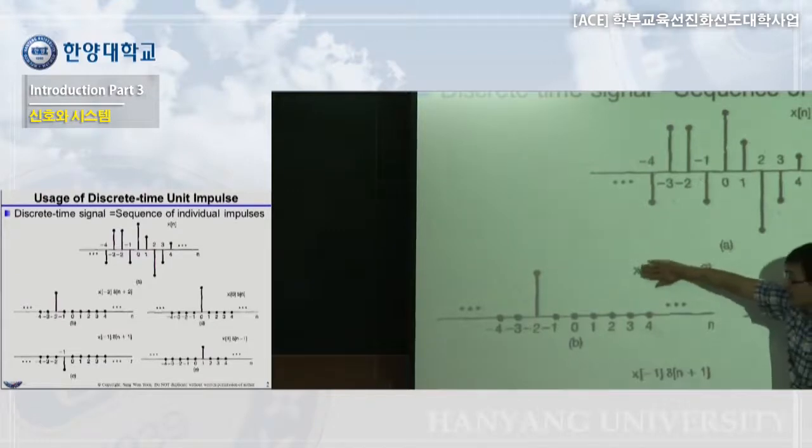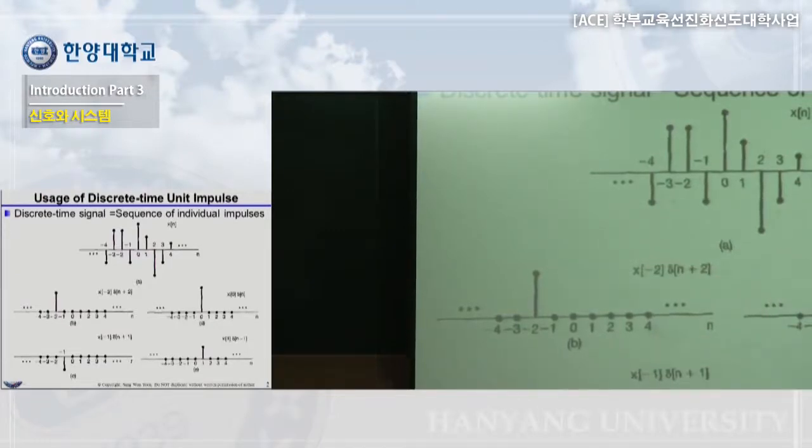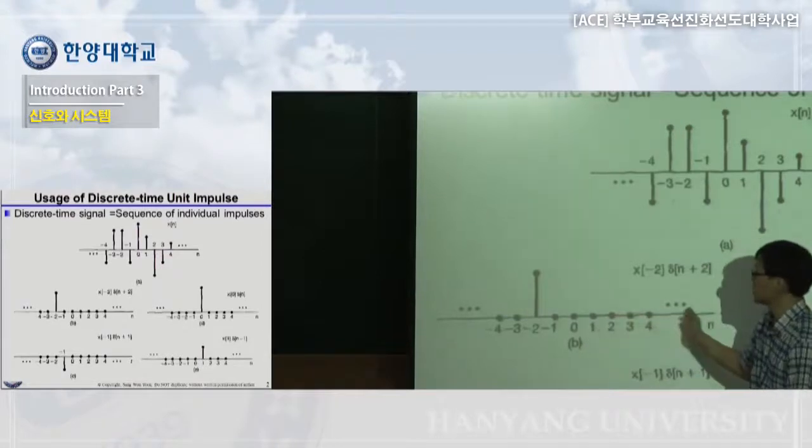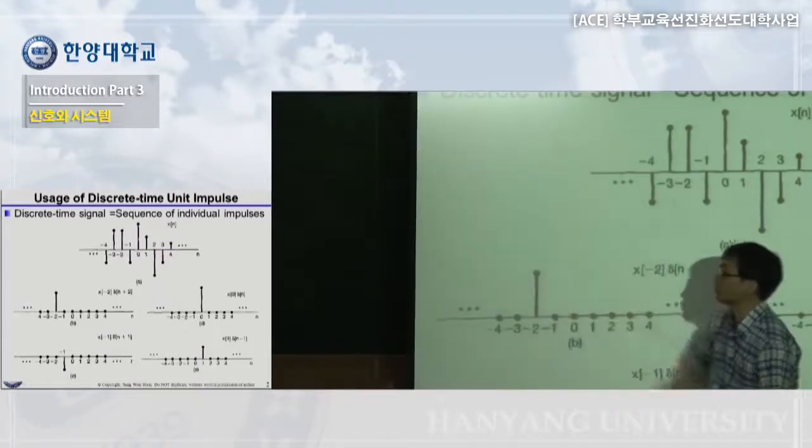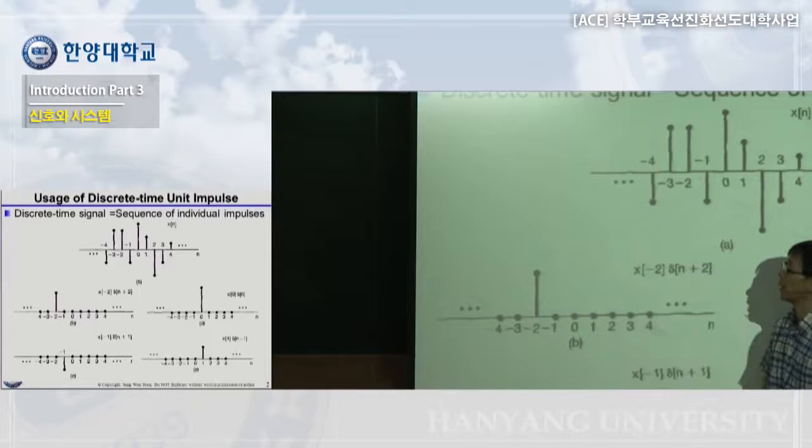So let's forget about this equation right now and consider only the signals. This x2 is the signal that has a point at x[-2] only. This is the case that we have only 0. This is the case that we have only -1. This is the case that we have only 1.